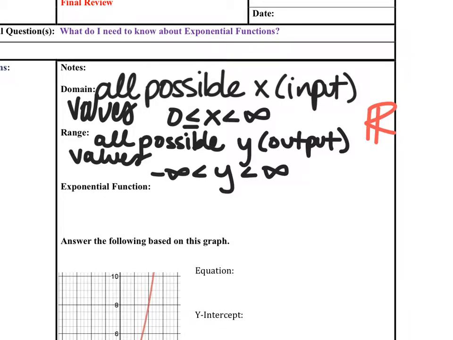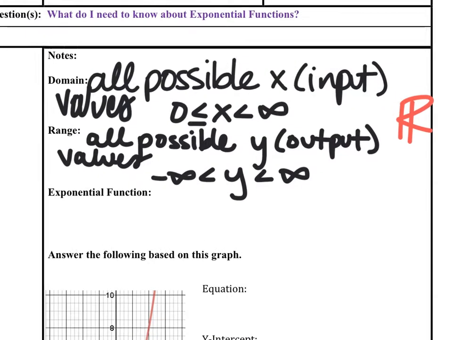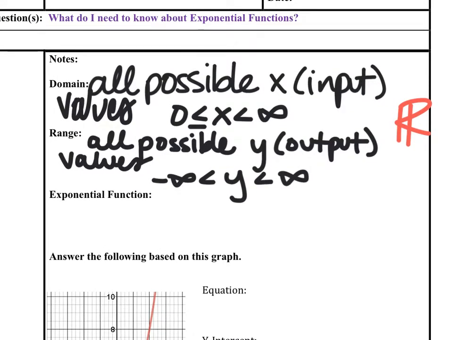Exponential functions are different than linears because linears add or subtract, whereas exponentials multiply either by a fraction or by a number greater than 1. We call that rate that it is changing by a common ratio.